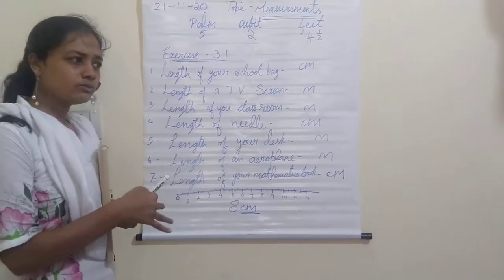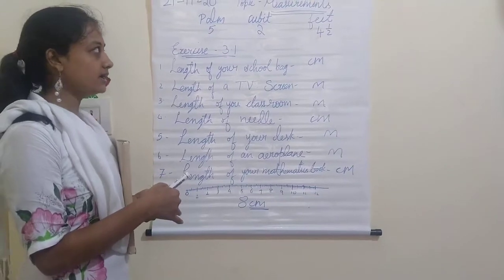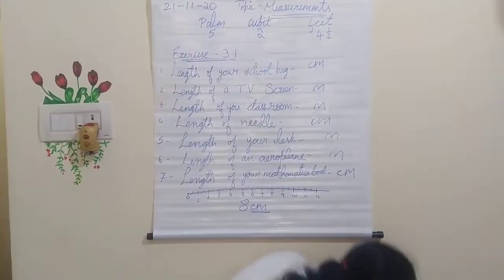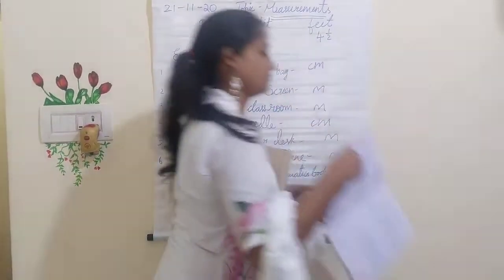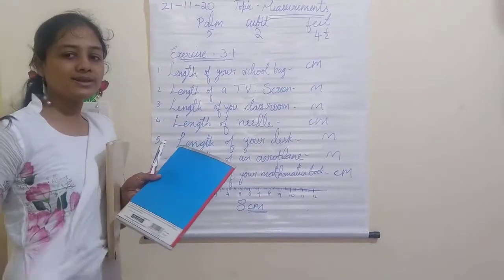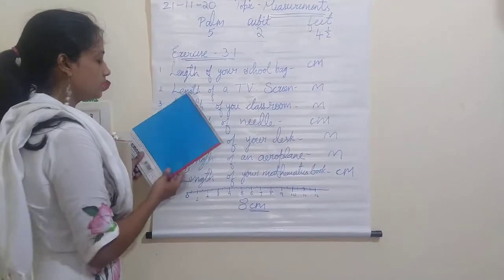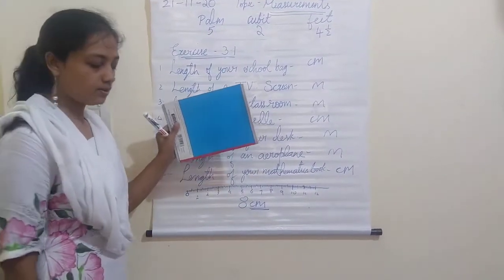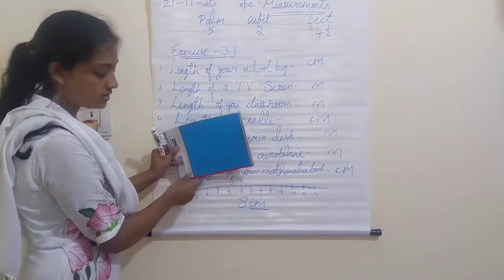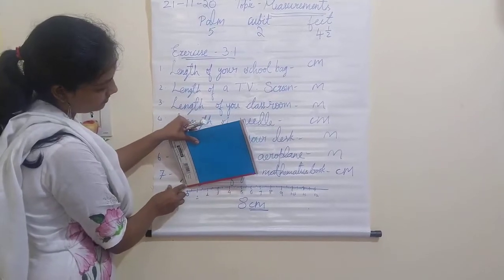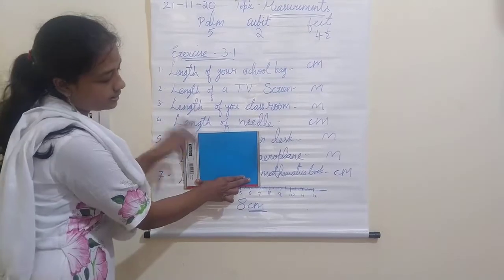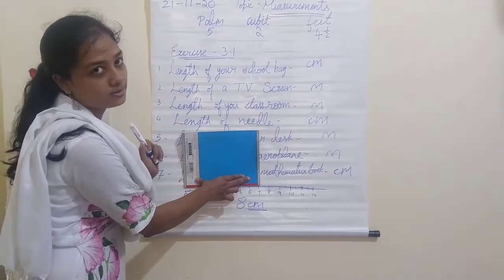So shall I show you one more example? Okay, fine. Let me measure my notebook here. One more example of how to measure. You are going to take the book, keep it on the scale, start from 0 and then see the other edge. You can see my notebook is 7 centimeters.